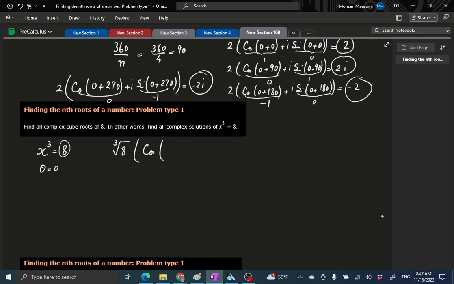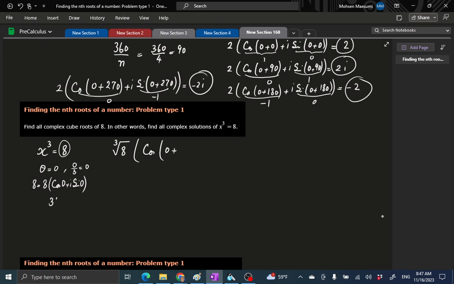Theta, in this case, is just 0. If I write 8 in the polar form, 8 is cosine 0 plus i sine 0. This theta is 0. I take theta divided by 3, that's still 0.